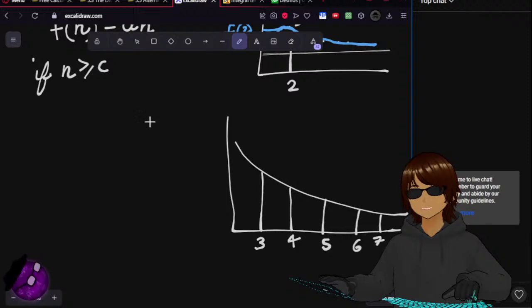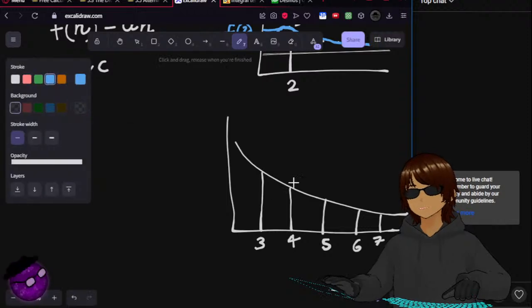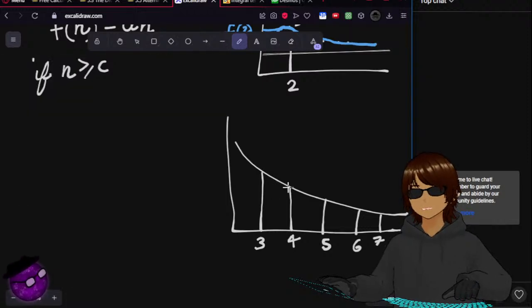So the right Riemann sum would be rectangles going all the way up till here. We are using intervals of 1.